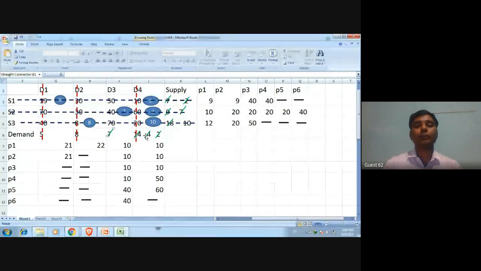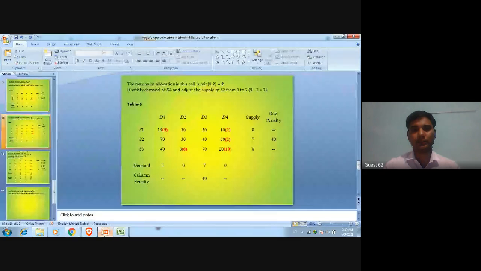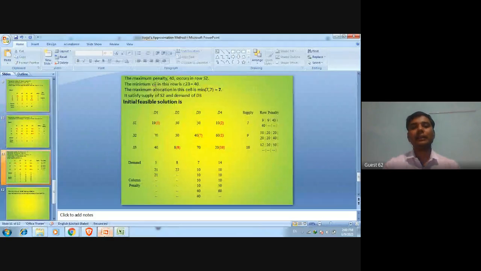Now get the total initial feasible solution. This is our initial feasible solution. We have allocated all the cells according to the given condition.